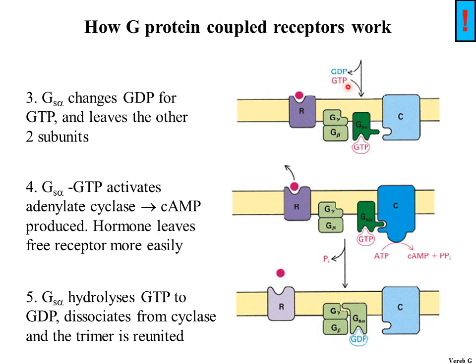So when GTP is bound, then this alpha subunit gets very happy. It's like you have a family with a daddy, a mommy, and a kid, and then daddy goes, buys a lottery ticket, and hits the jackpot.